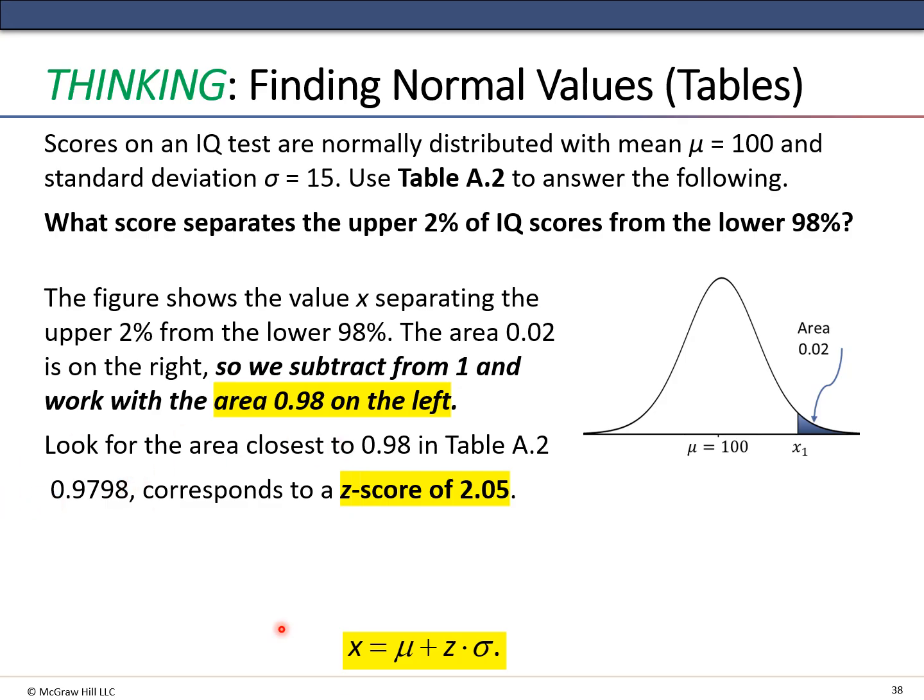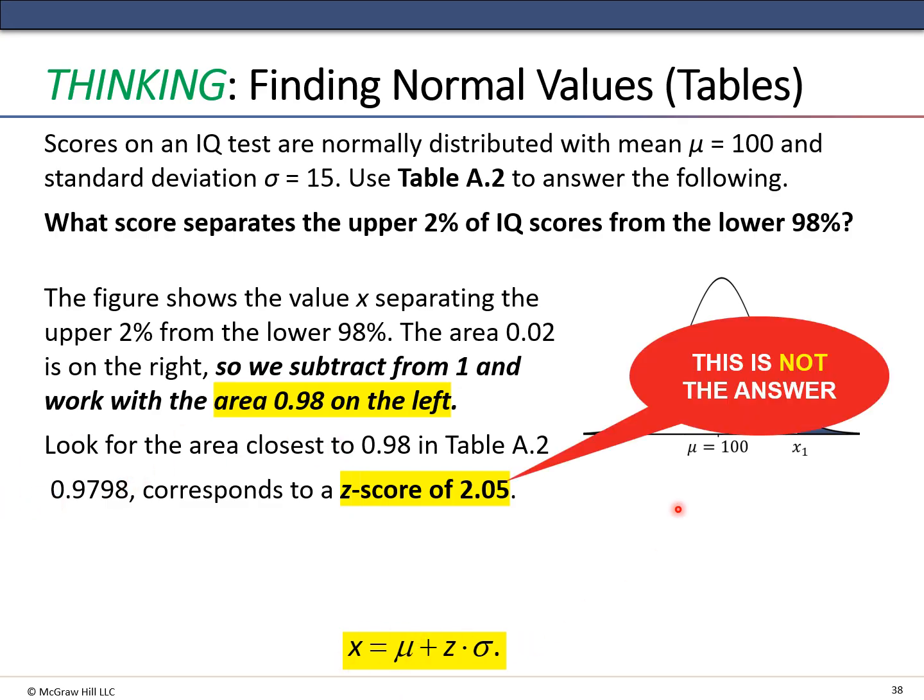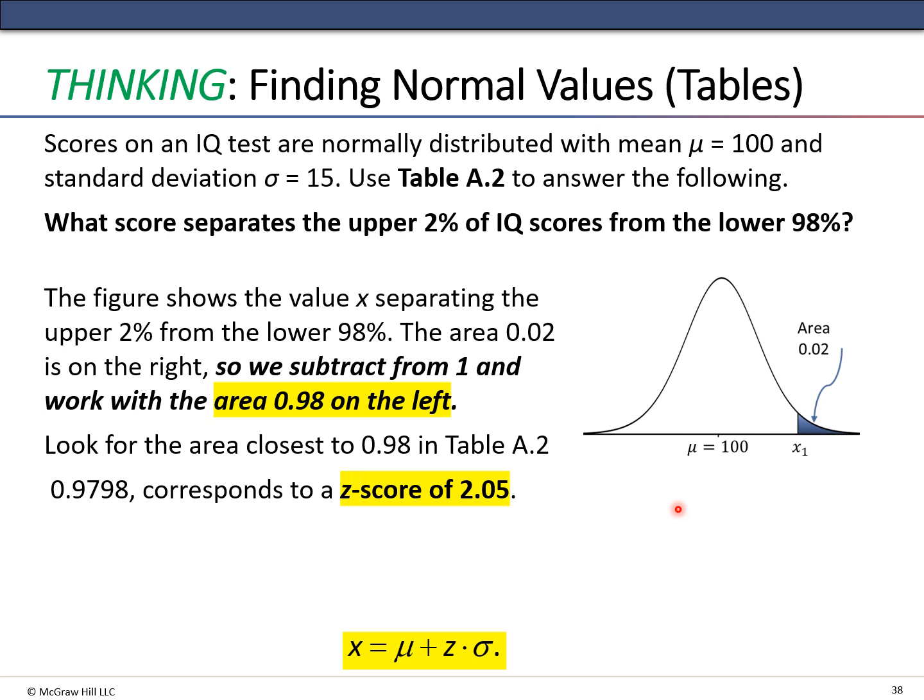Once we have this, we just plug everything into the formula to find the x value. Our mean was given in the problem. Our z-score we just found inside the table. We found the 0.98 inside the table and related that to a z-score of 2.05. And again, our standard deviation was also given.